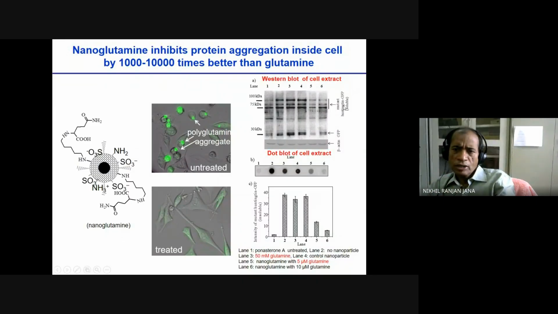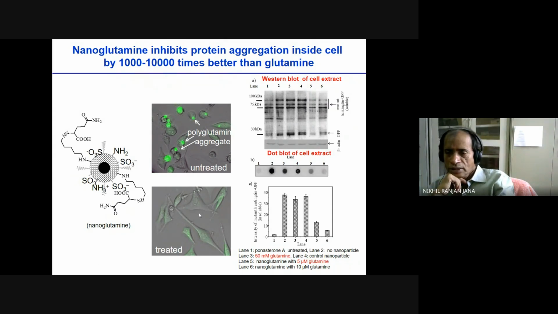And in cell models, you can see they bind. These are the cells, and the fluorescent dots are actually the aggregated proteins that are responsible for diseases. They are tagged with GFP. If we treat these cells with our nanodrugs, we don't see those dots. These protein fibrillations are inhibited.